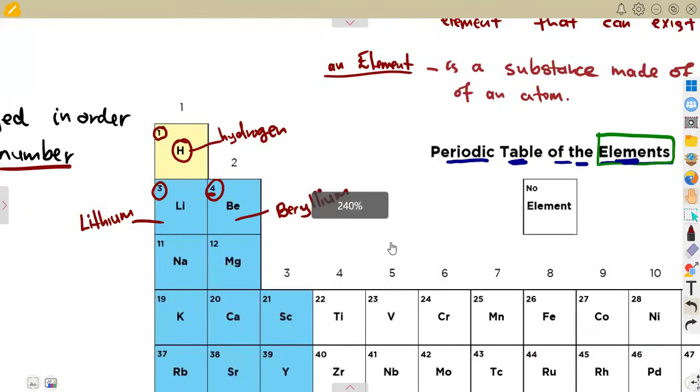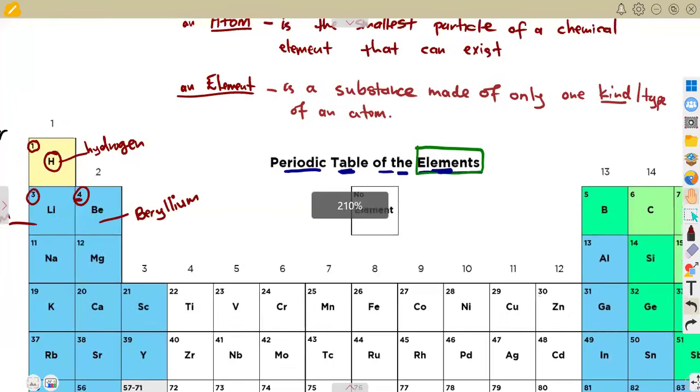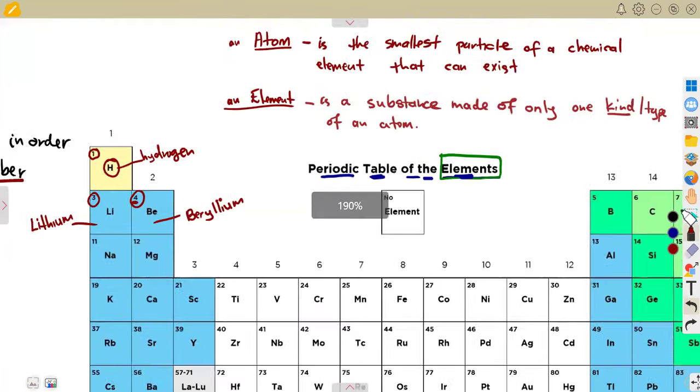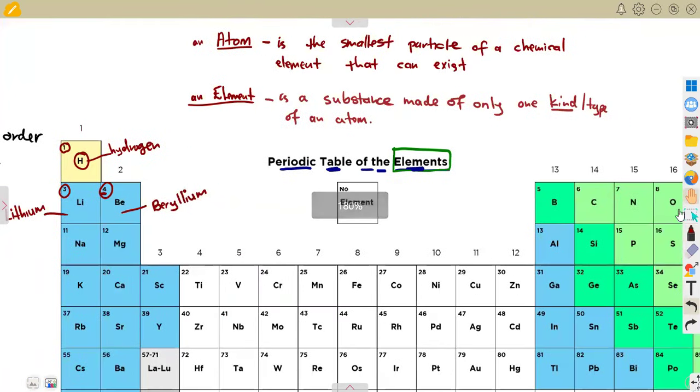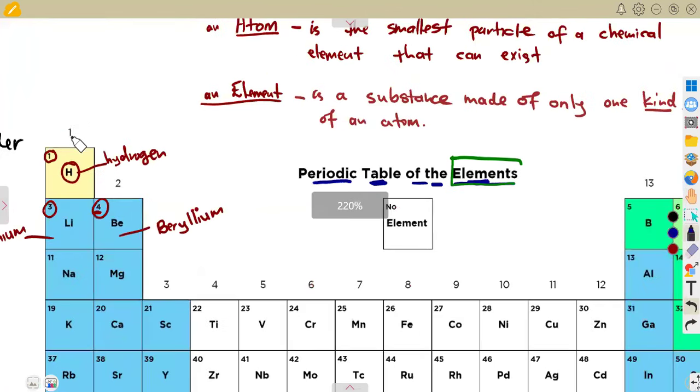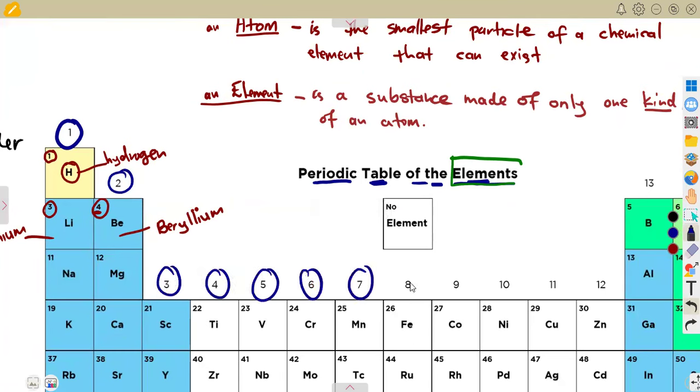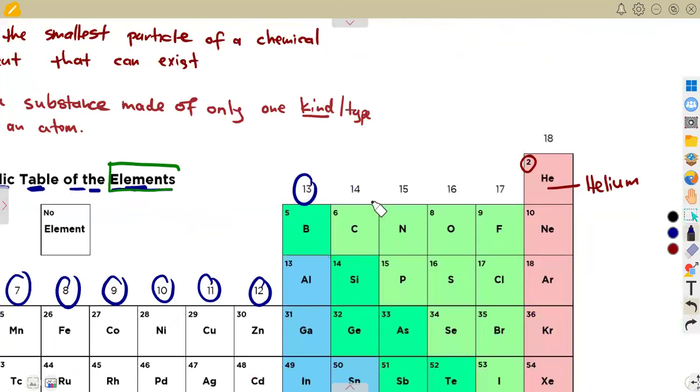Then also you ask yourself, what are these numbers that are presented in a column? There are columns, which are vertical lines like this. Along these columns there are also numbers 1, 2, 3, 4, 5, 6, 7, 8, up to 18, which is the last one here.